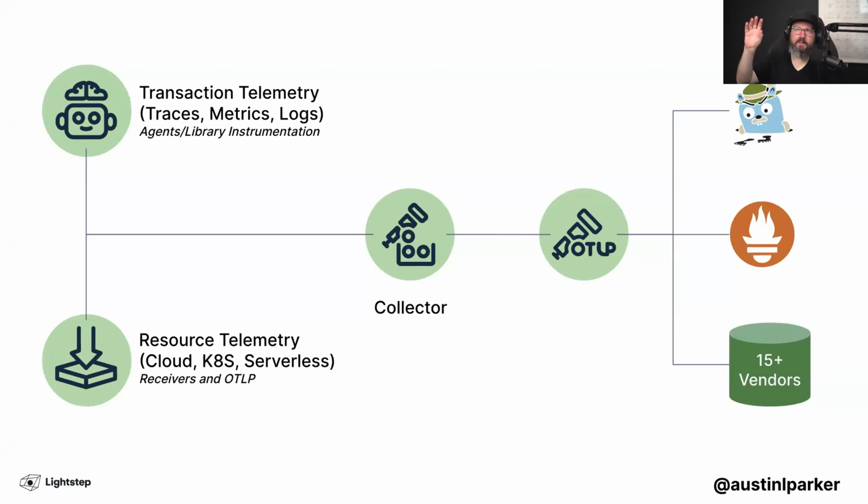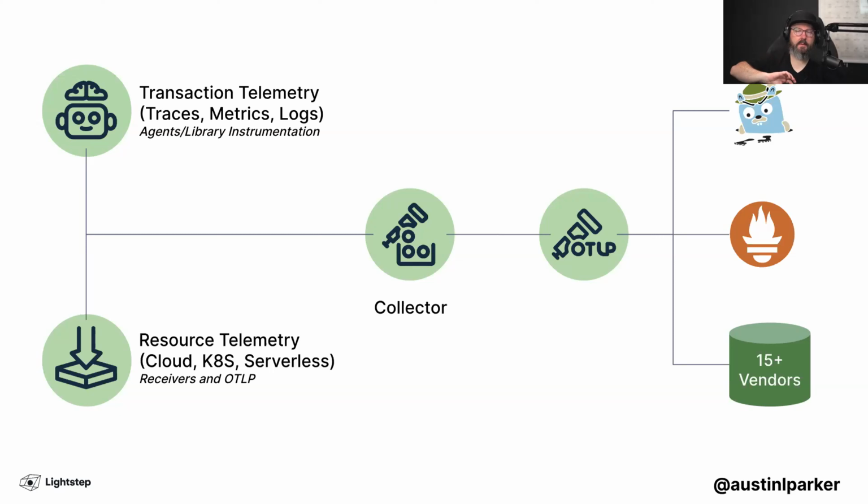So how it actually works at a pretty high level is if you have this kind of architecture, right? There are two types of telemetry you're going to be dealing with. One of them is your transaction telemetry. That is going to be traces and metrics and logs. And that's going to be created by using instrumentation agents or library instrumentation in your app code itself or in your frameworks.